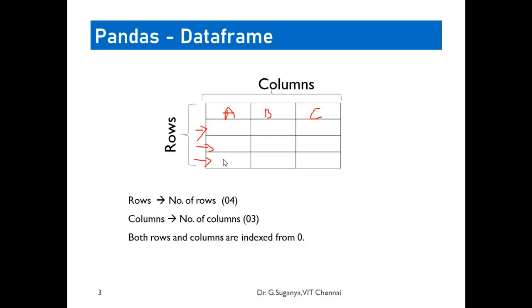A similar structure is there in a relational database, where the attributes are stored in the columns, and for every row we keep on adding, it refers to a particular tuple. We say there it is a tuple.